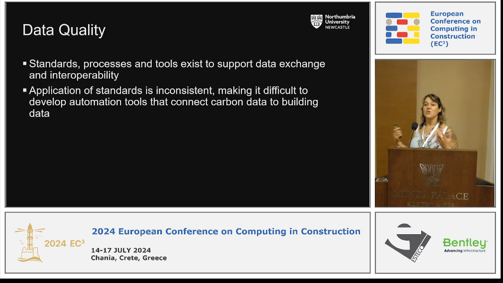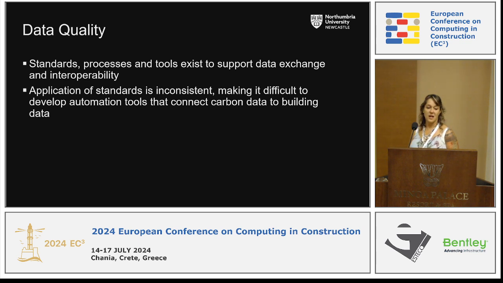But as most of us know, the way that those standards and processes are applied can be inconsistent, which makes it really difficult to automatically connect data from different data sources, computationally, certainly. And I've been doing this for many years now, 10 years down the line, and we're still having these problems, much to my frustration.